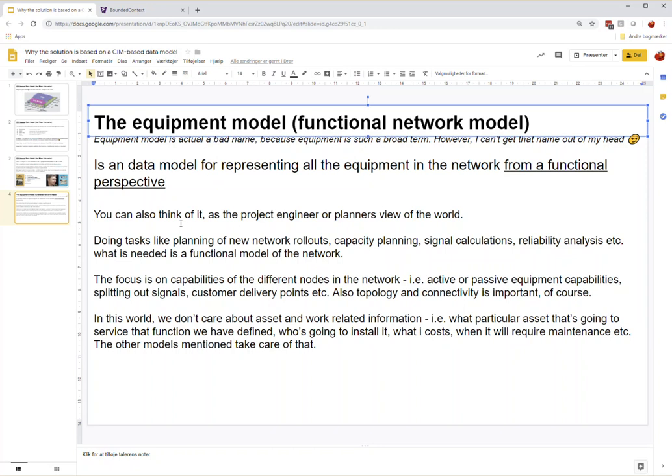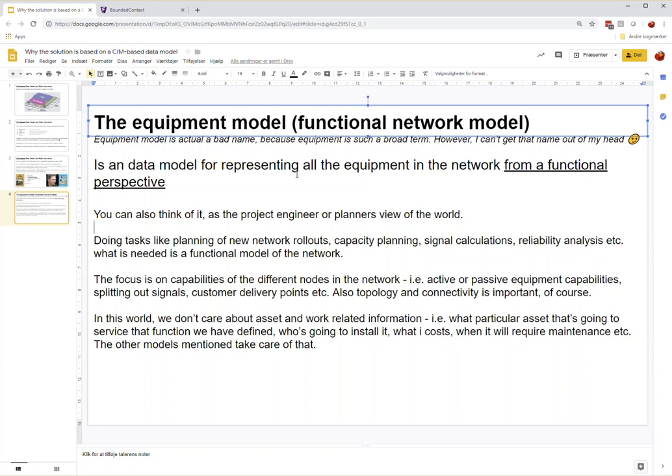So what is the difference between the equipment model and, for example, the asset model? Here you have to think that the equipment model is a data model where you can register a description of the functional network. So that means, what function does the network have to do? I mean, it has to provide some services to some customers, right?